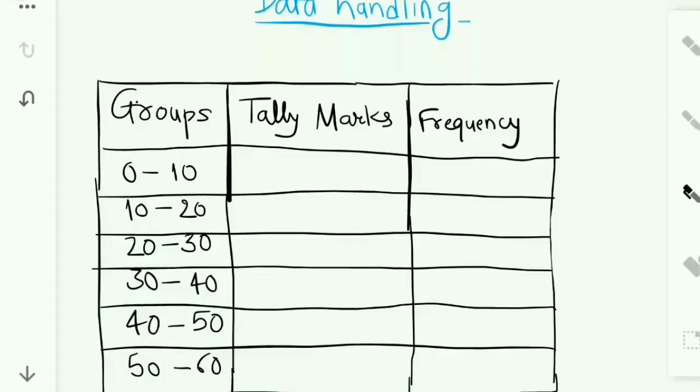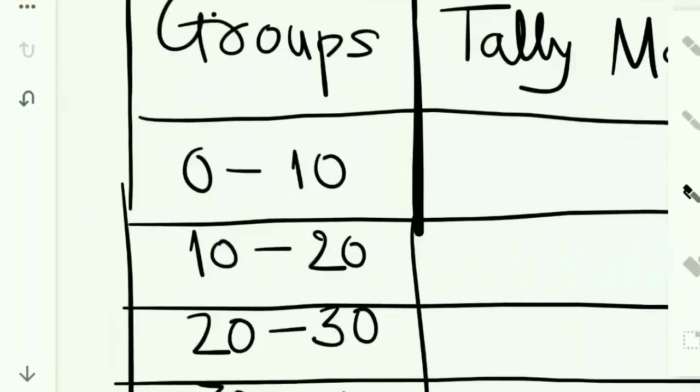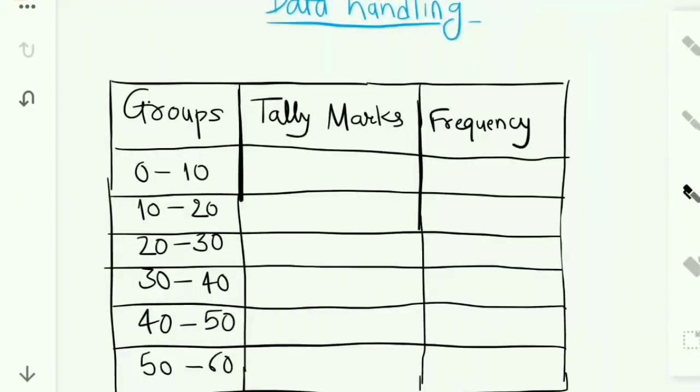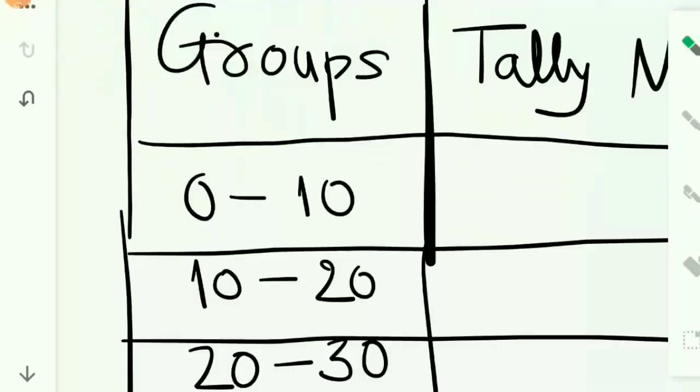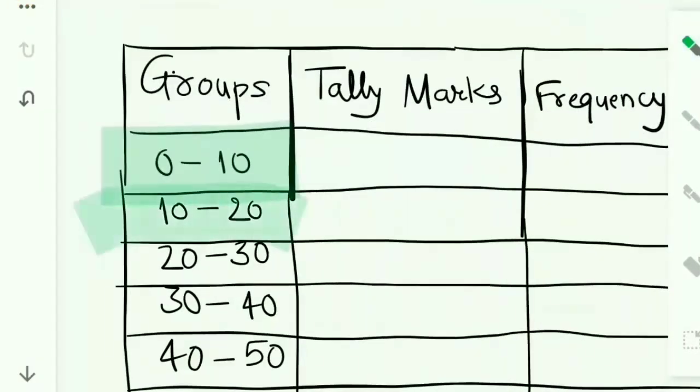Let's start plotting. Now before we get into distributing into these groups, we'll first see what are the terminologies linked to frequency distribution table. First thing that you might have noticed is this. These are called classes.